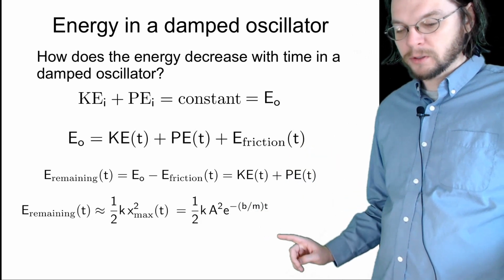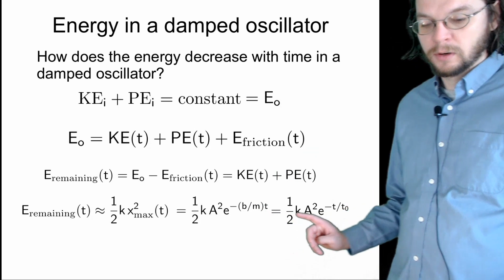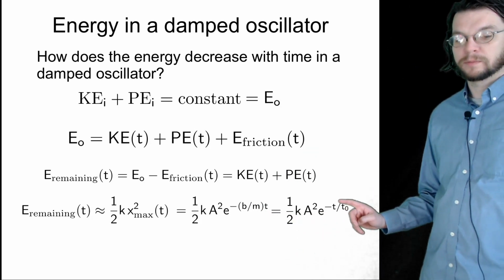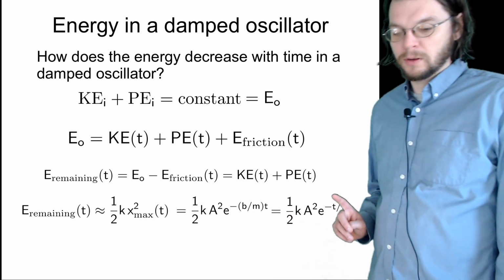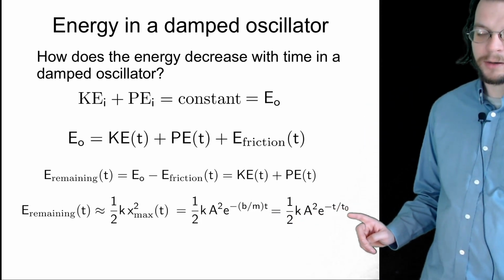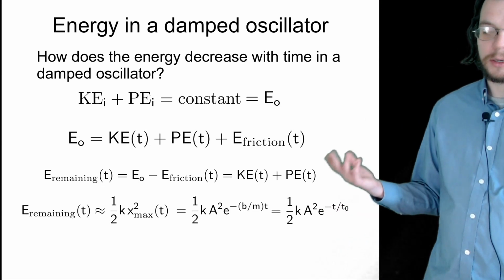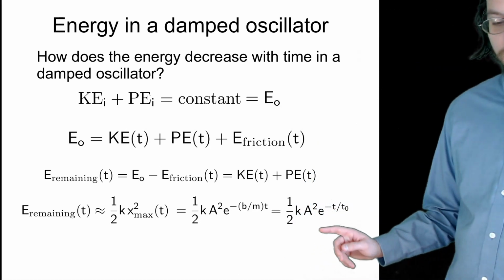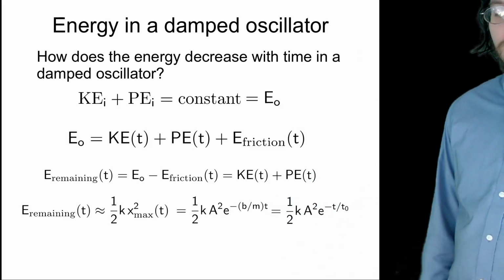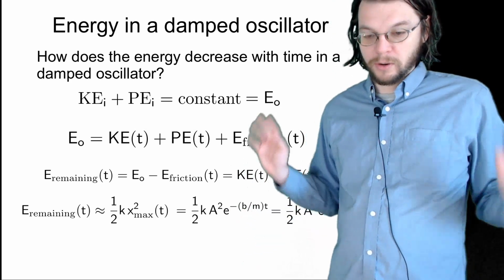The last thing I want to say about this is that we often rewrite this in terms of some kind of time constant. So this t0 is the amount of time that it takes for the energy to be 1 over e of what it was originally. And so t0 in this case is going to be like m over b or something like that. But sometimes there can be cases in which you don't know b and you don't know m.